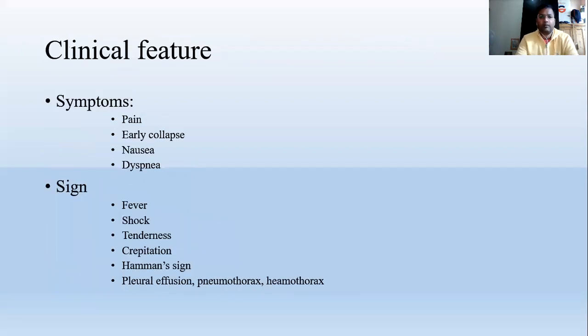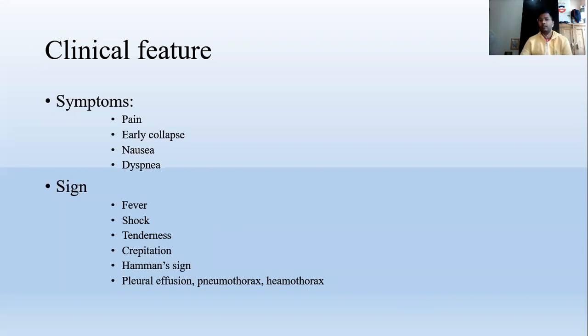The clinical symptoms of perforation include severe pain and early collapse of the patient, because due to the perforation the patient has bleeding. There are esophageal vessels, and if any vessels get ruptured, the patient very fast loses so much blood and will collapse very early with hypovolemic shock, along with nausea and dyspnea.